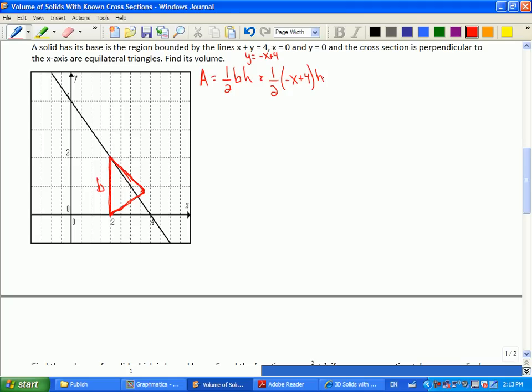Now the height is a little trickier, but does anybody recognize this? Equilateral triangles, you can kind of use Pythagoras. We've seen this before somewhere, hint, hint, your math 12 teacher taught you something about this. Oh, you mean the 45, 45?